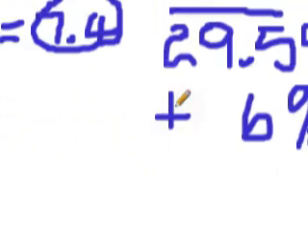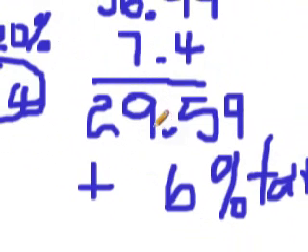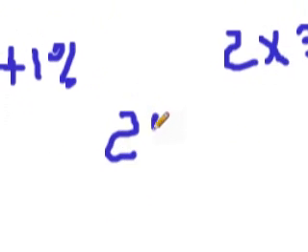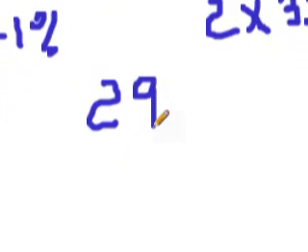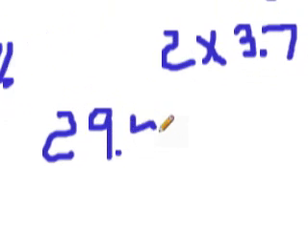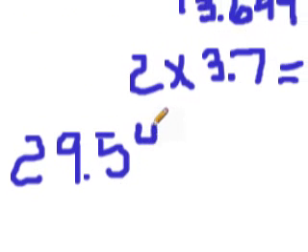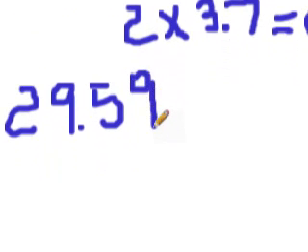First of all, we're going to compute 5% of this price after discount, $29.59. I need to add the 6% tax.